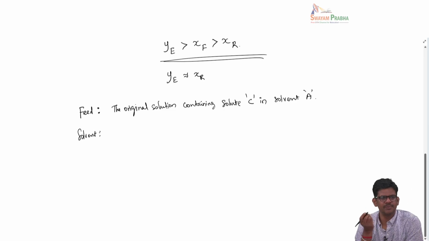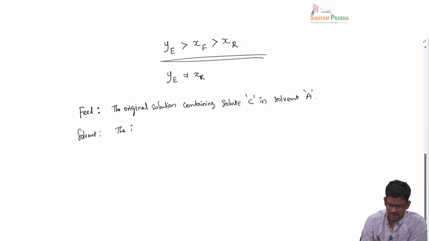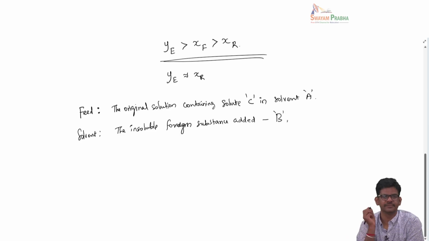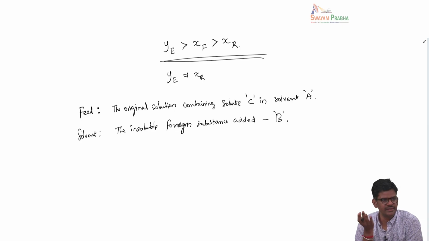This is the insoluble liquid, the foreign substance that we add. We can call this component B. So essentially the minimum number of components involved in liquid-liquid extraction is 3. There is a solute C in its solvent A, and then additional solvent B is added. We will pretty much consistently use this terminology: C for the solute, A for the original solvent, B for the insoluble foreign solvent added.